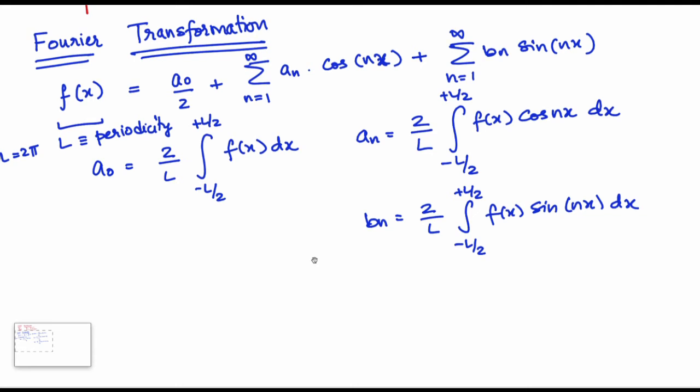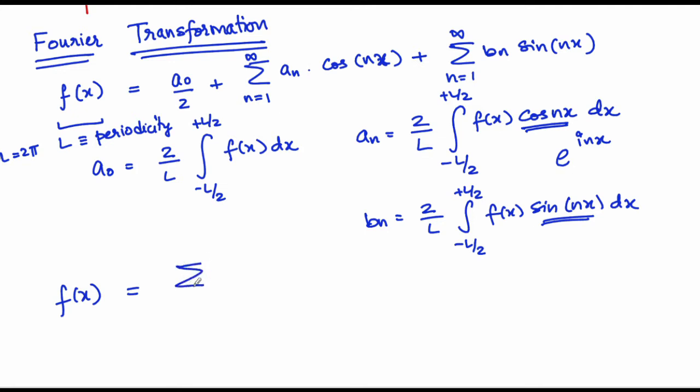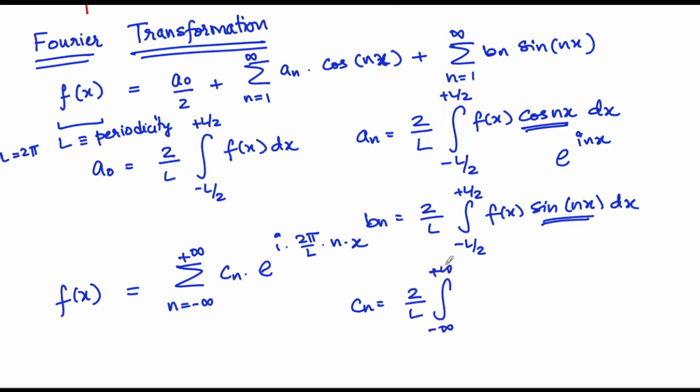Without going into much detail, one is able to understand that cos nx and sin nx can be represented in terms of e power i nx, where f of x can once again be written as a summation from minus infinity to plus infinity of Cn e power i times 2 pi by L times n times x, where Cn would be given by 2 over L integral of f of x dx.